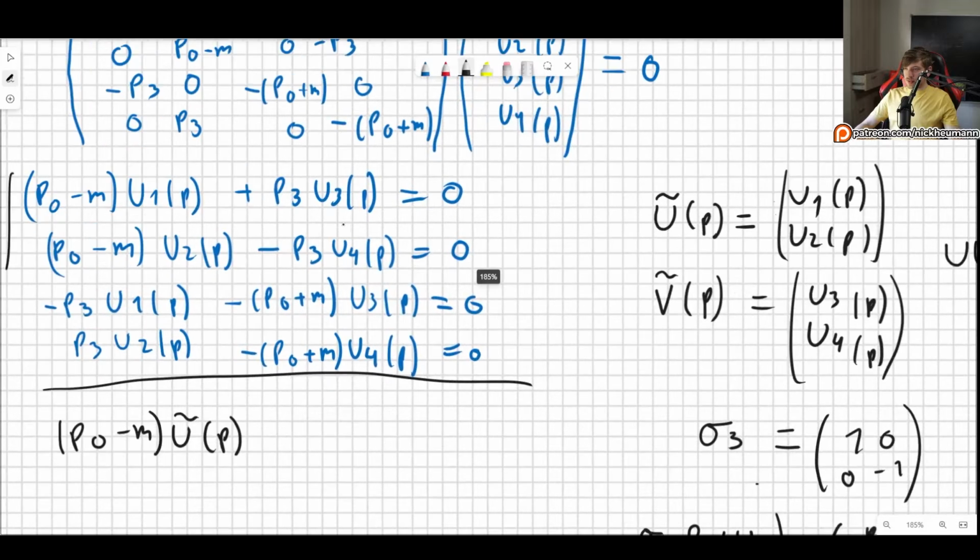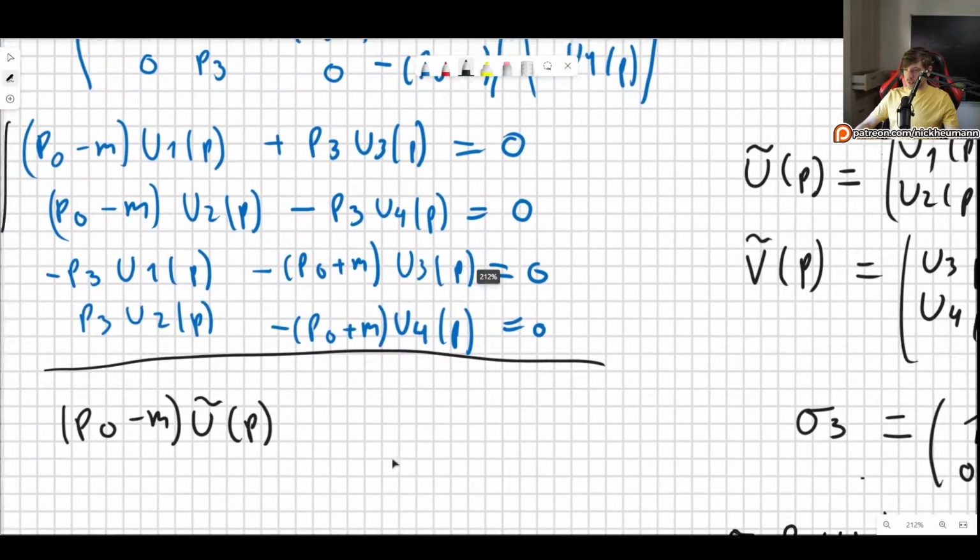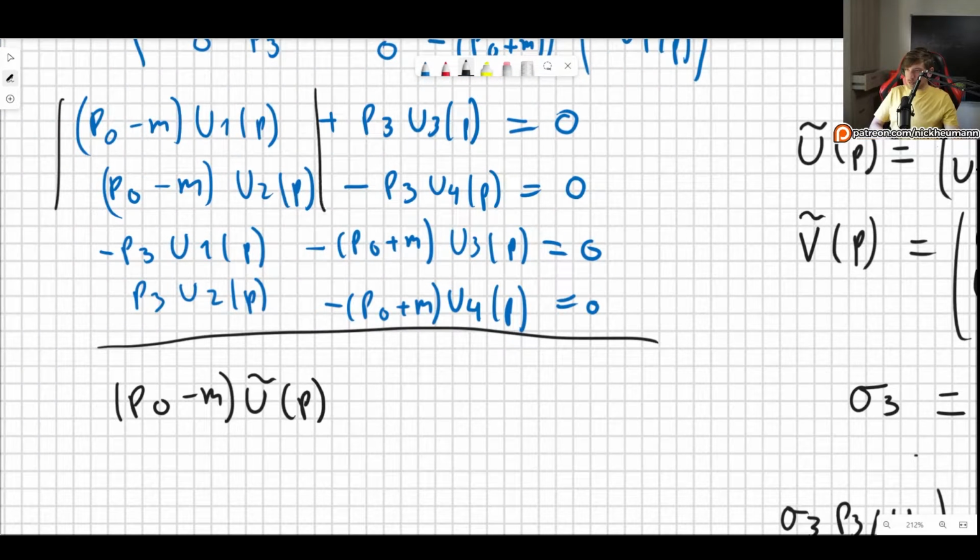Okay, and look at this, it's exactly what we had before. So we can write this little block here simply as plus sigma 3 p3, and now we multiply by u3 u4, which is what we called v tilde of p.